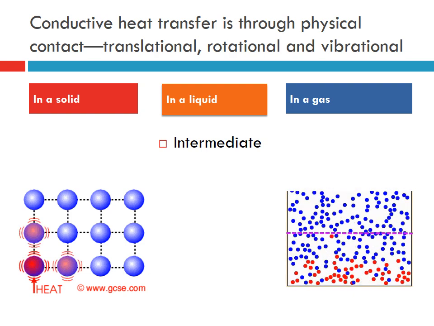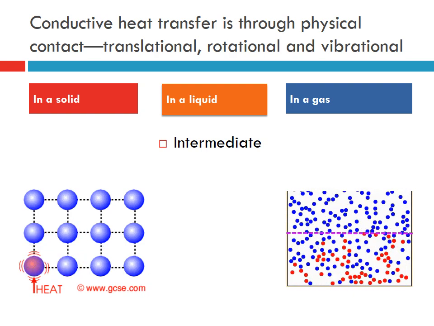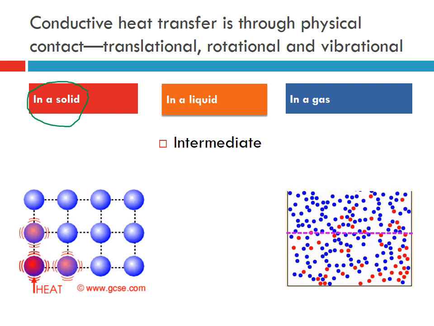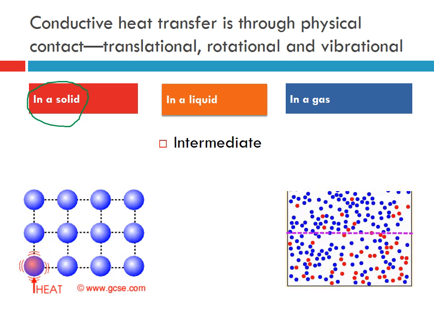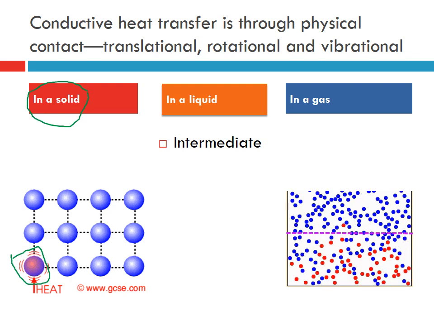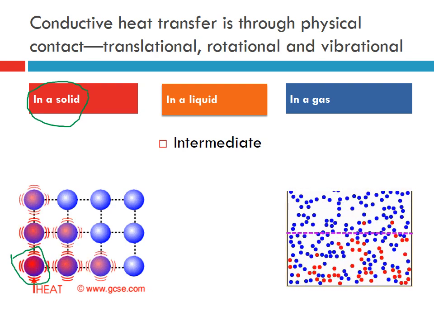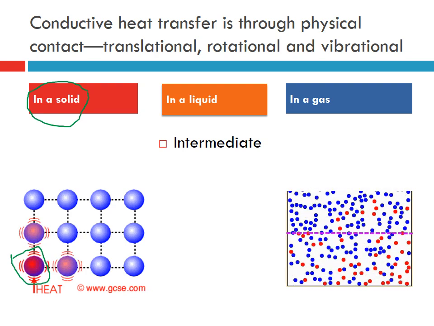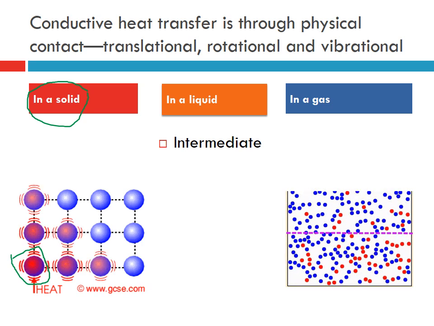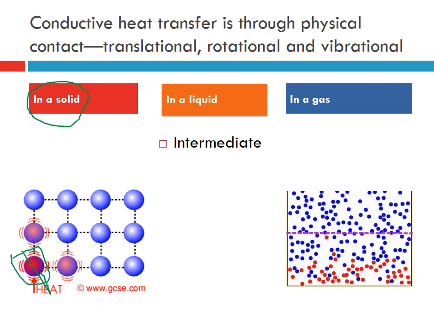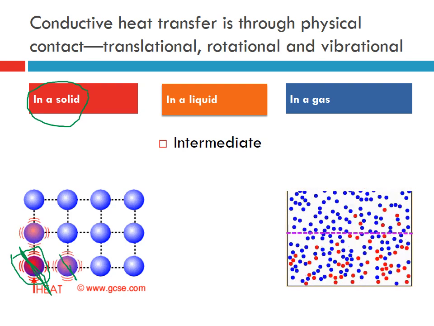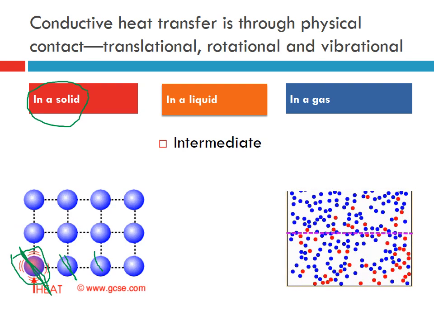So this slide has to do with mechanisms of conduction heat transfer. On the left, we have a cartoon for a solid, and in this corner, we have a molecule at higher temperature. Now, higher temperature means more energy. In a solid, the molecules are connected by a lattice, and higher energy means this vibrates more, and that makes the next one vibrate, and that makes the next one vibrate.